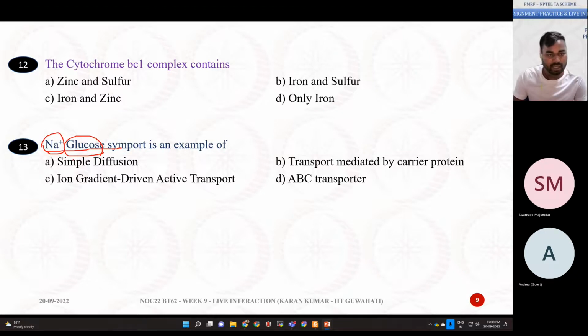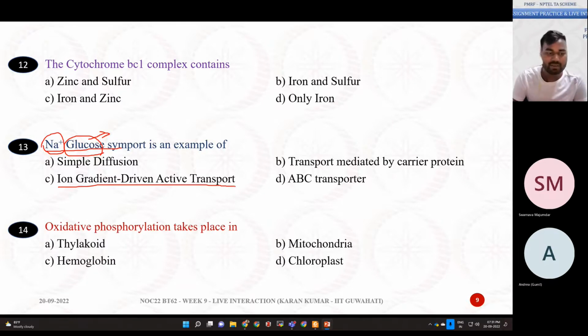Glucose normally gets inside using the glucose channel, because the cell does not have much implication of glucose import. So when these two are coupled, these are nothing but an example of ion gradient driven active transport.